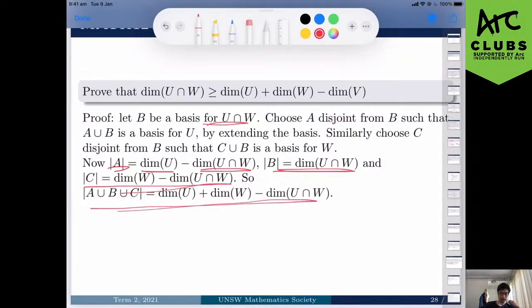That means that they're all disjoint from each other. I guess A and C are disjoint, which you can prove, which I didn't really prove, but I don't think you actually need it, because it will end up being proved a bit later.